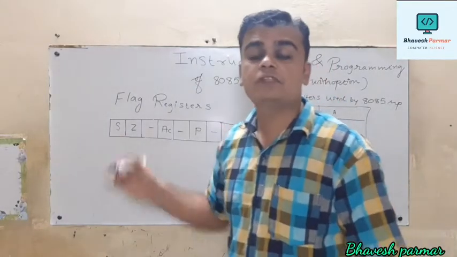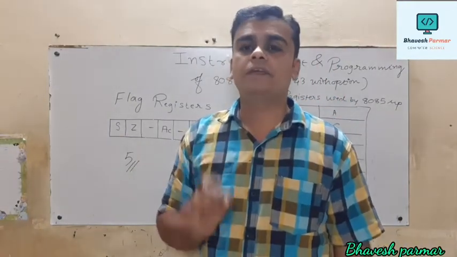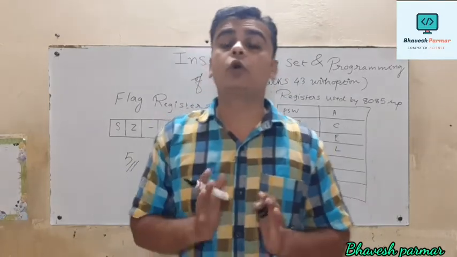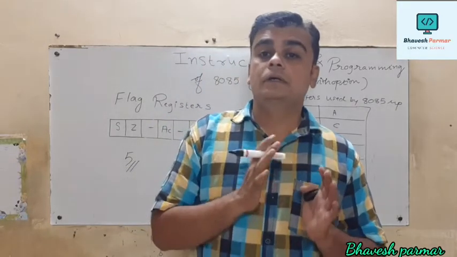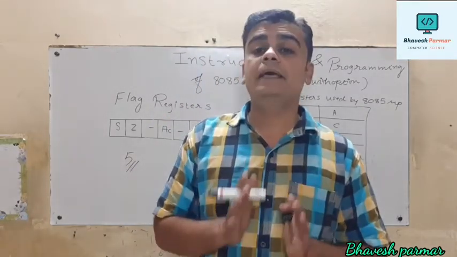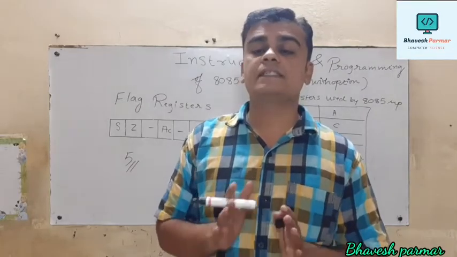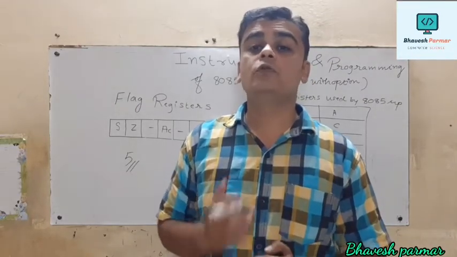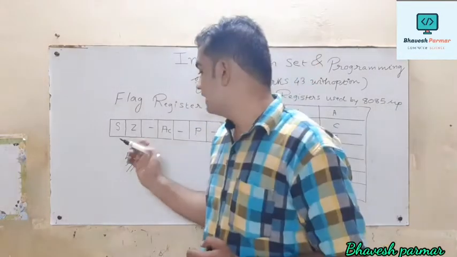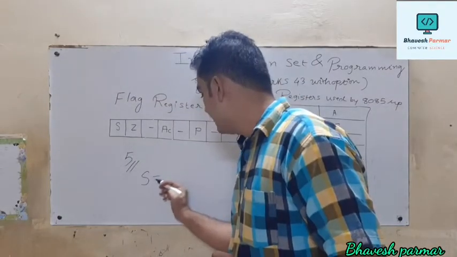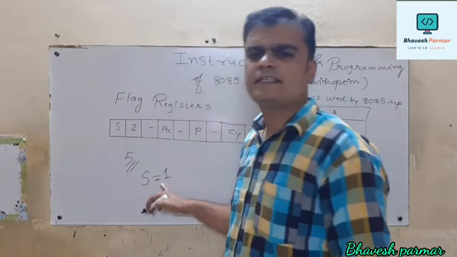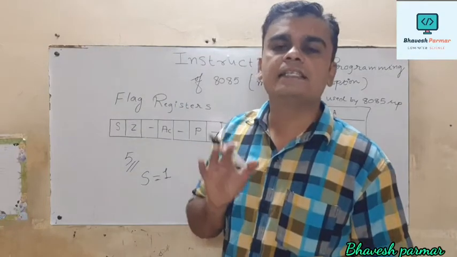S flag means sign flag. After performing any arithmetic or logic operation, if your MSB, that is the most significant bit, is equal to 1, then we can say that our S flag is equal to 1, or you can say that the S flag gets set.